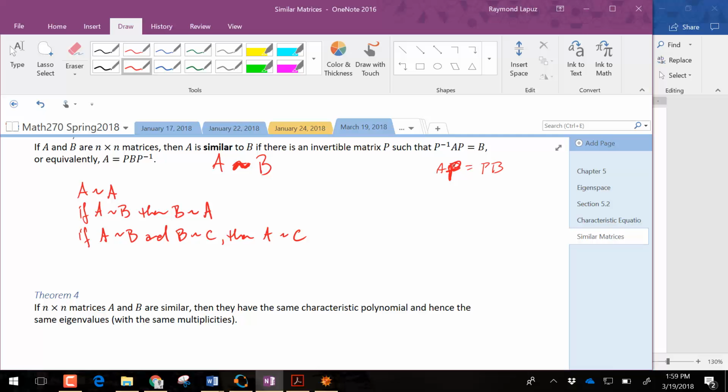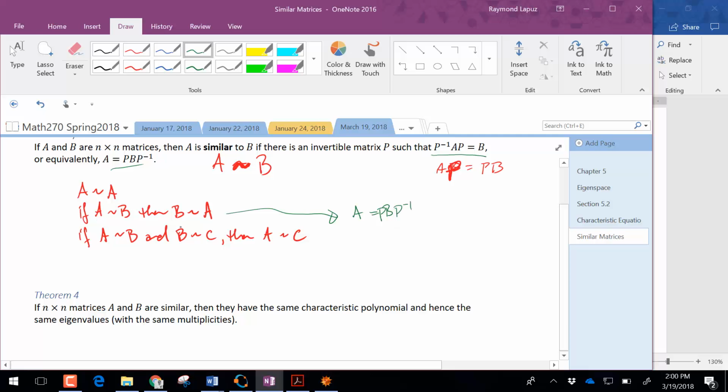So there's some cool proofs for this. I mean, these are simple proofs. So let's take a look at one of them. So if A is similar to B, then according to this theorem, we can write this one. A is equal to B with P's in between.